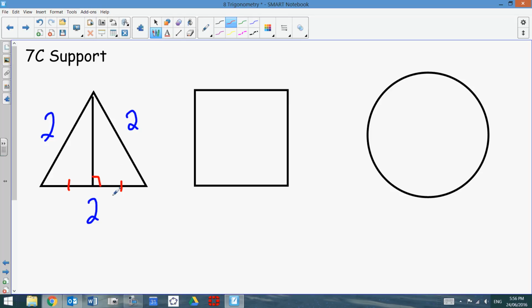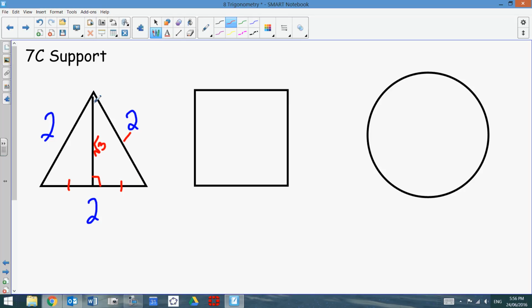So now I have one length of 1, the hypotenuse is 2, which would make 1 squared plus what squared is 2 squared. So now I have root 3 as the height of my triangle.